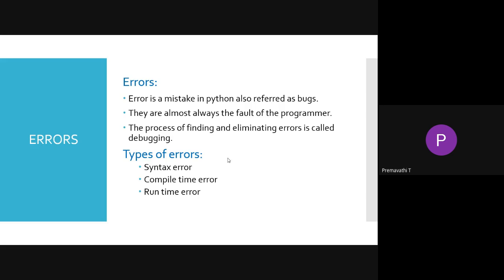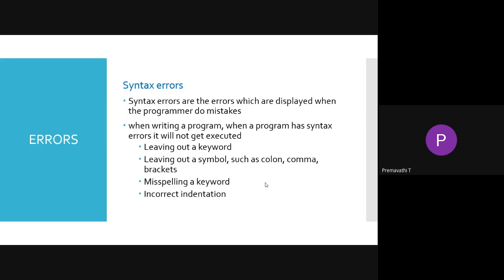Here there are three types of error. One is syntax error, the next is compile time error, and the third is the runtime error. First, syntax error. Syntax errors are the errors displayed when programmers make some mistakes.